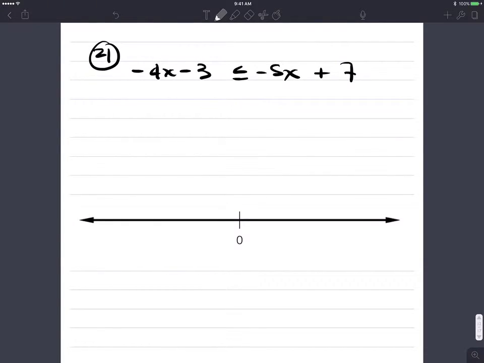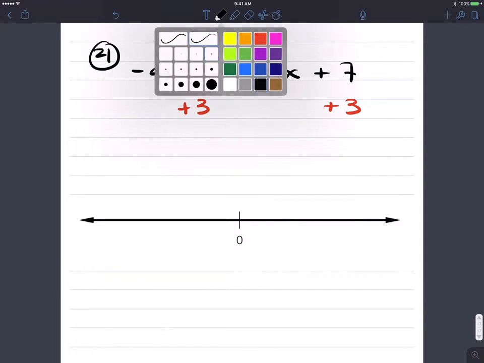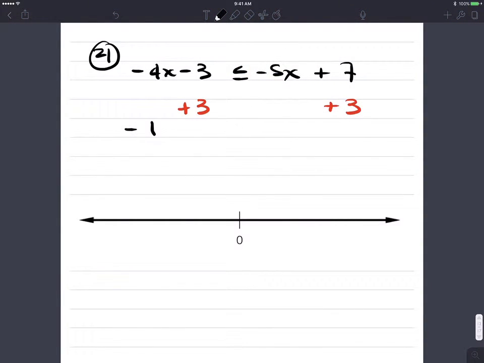Number 21, we're going to solve this linear inequality for x. We're going to start by adding 3 to both sides to be fair and preserve our balance. And we get negative 4x is less than or equal to negative 5x plus 10.